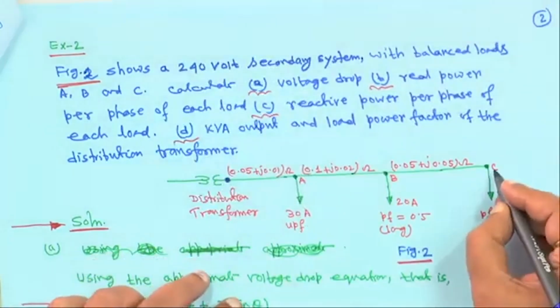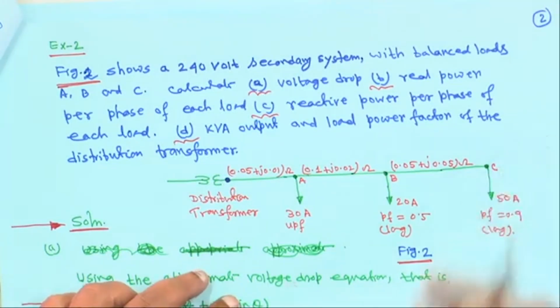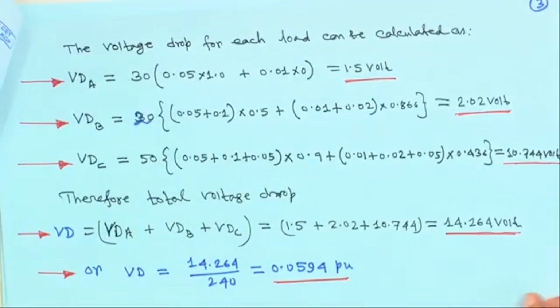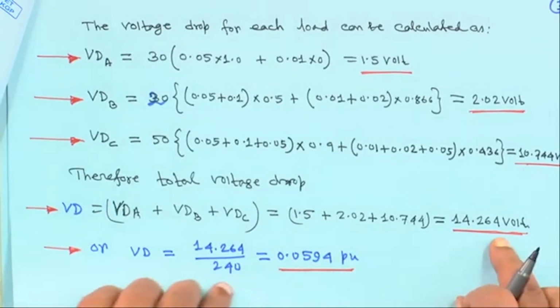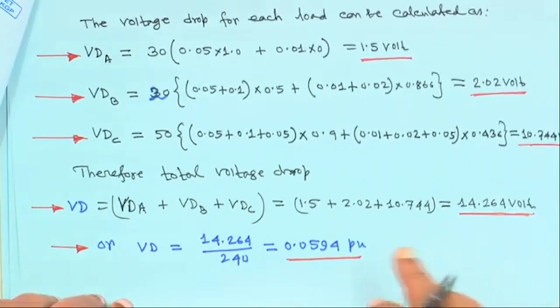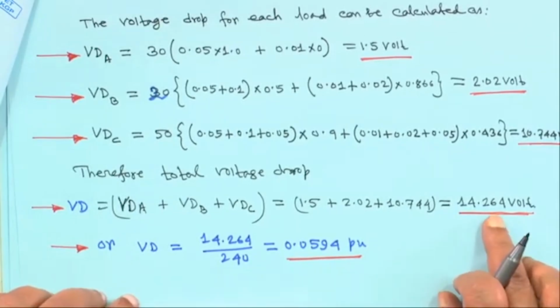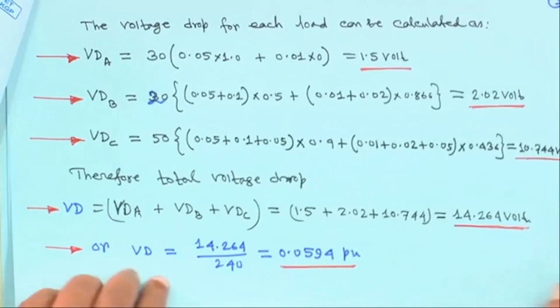That is the total voltage drop of the line, in per unit it will be 0.594 per unit, right.